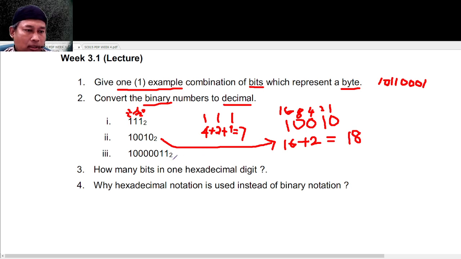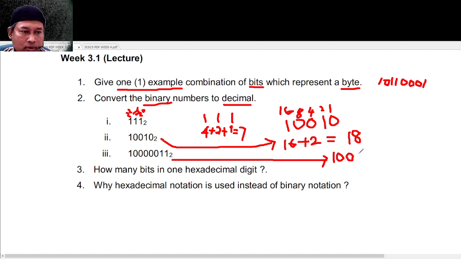And then 1 0 0 0 0 0 1 1. This is 1 2 4 8 16 32 64 and 128.